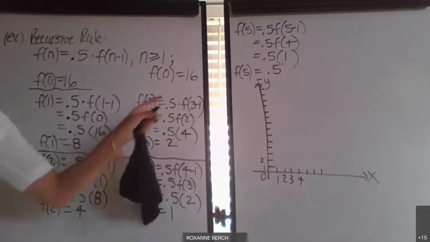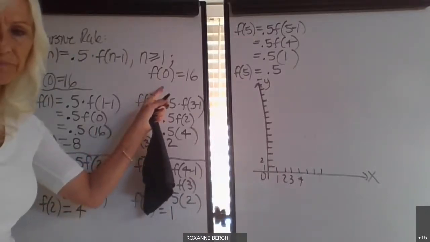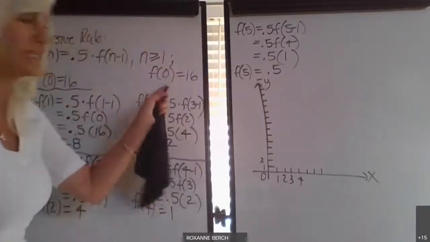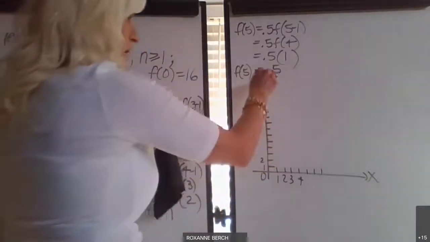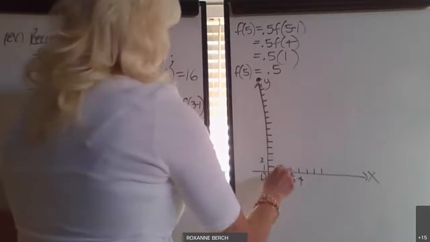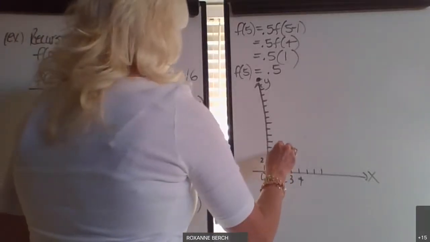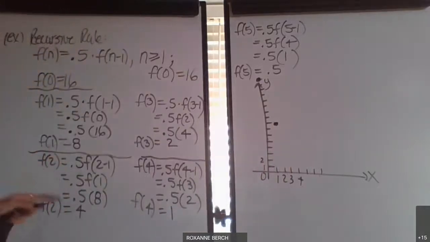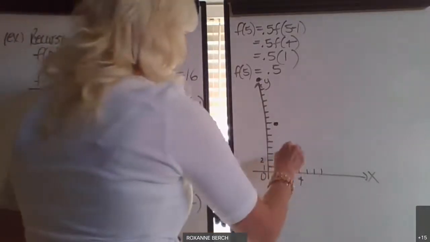So the first thing we're going to graph is 0, 16. Are you guys there? 0, 16. So 0 up 16. Right 1 up 8. Right 2 up 4.